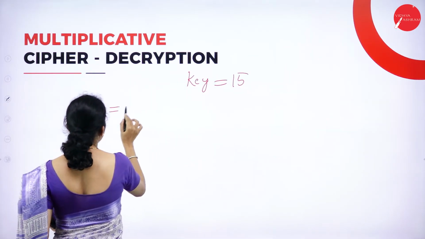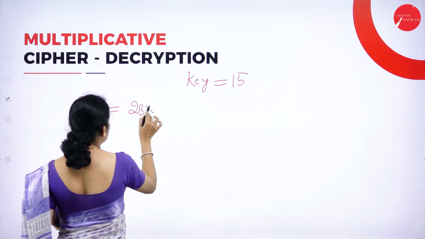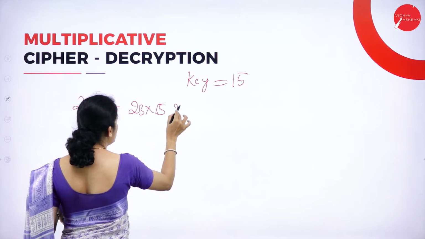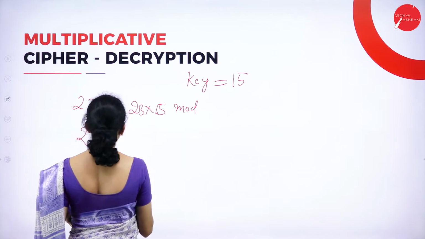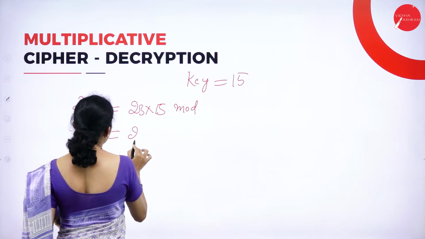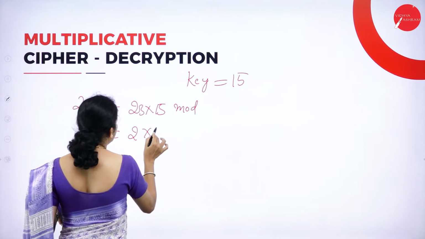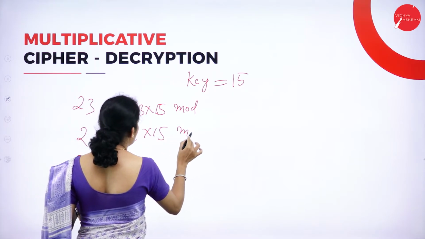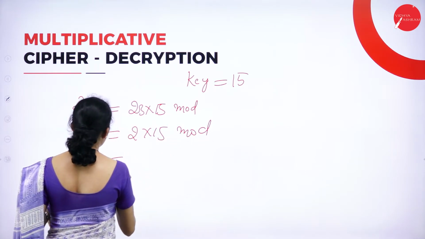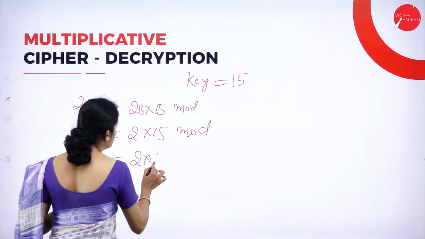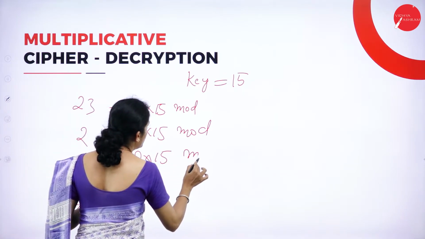Now what I want to do? 23 into 15 and perform mod operation. Here also 23 into 15 mod 26. Here also 25 into 15 modulo 26.